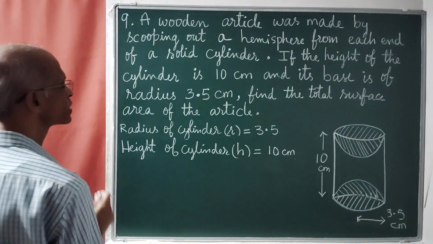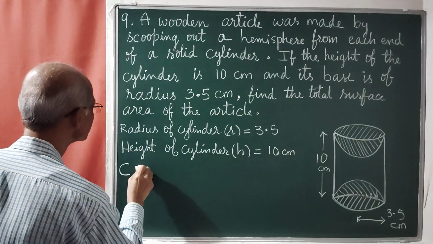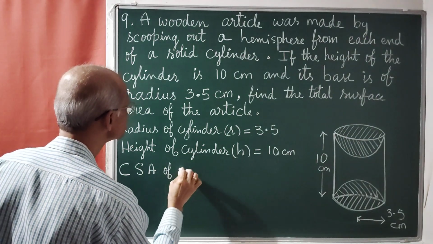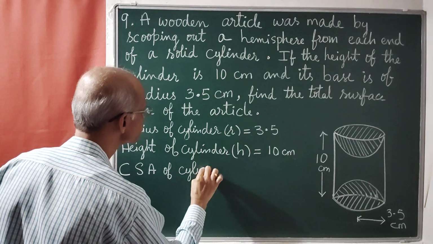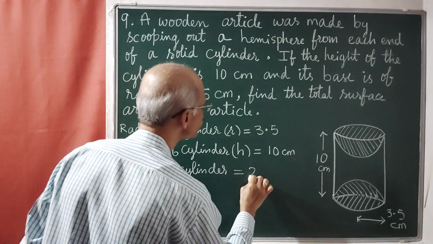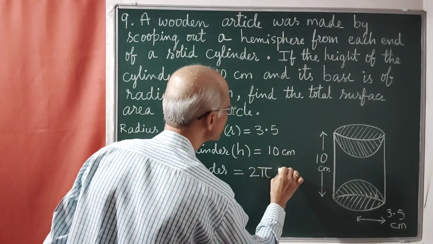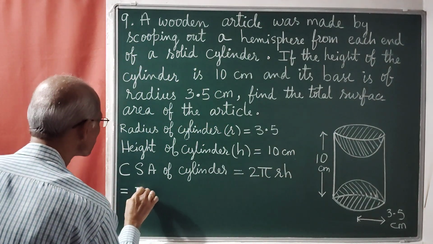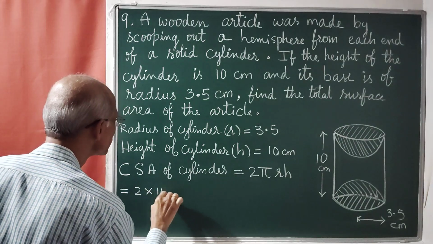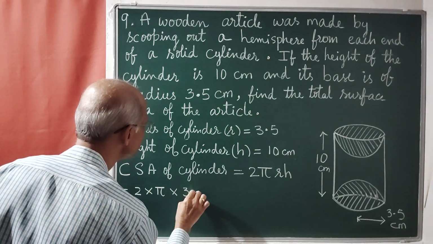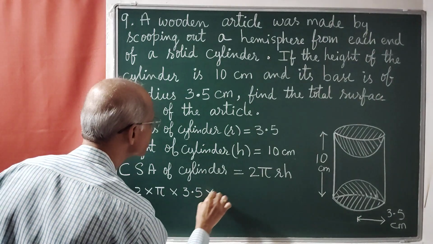Now CSA of cylinder is equal to 2 pi r h. That's equal to 2 into pi into r is 3.5 into 10.